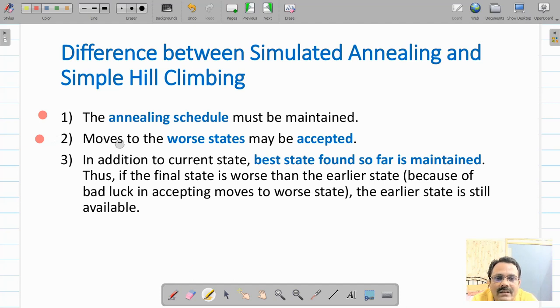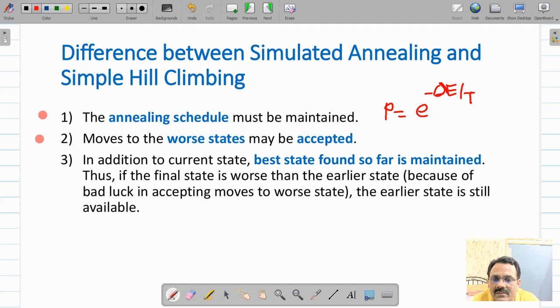They may be accepted with some probability, defined as a function of e raised to minus delta e by t. So with this probability you accept bad states also, and that's how you avoid the local minimum points.